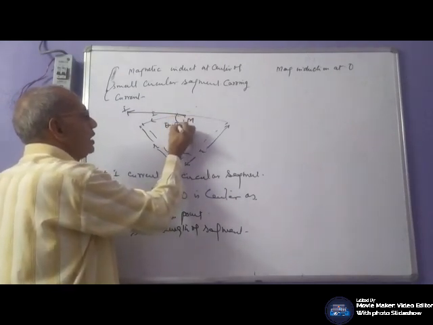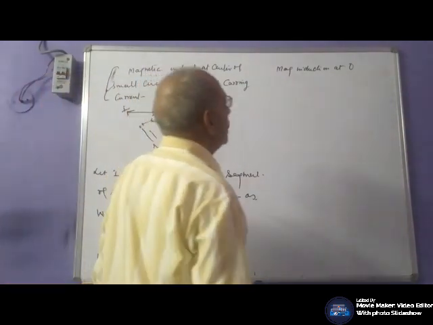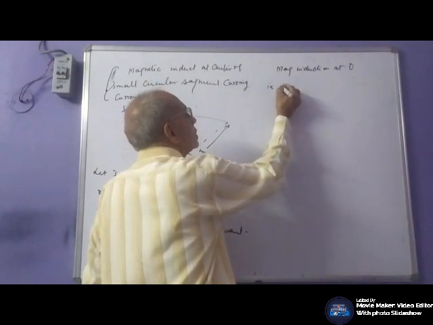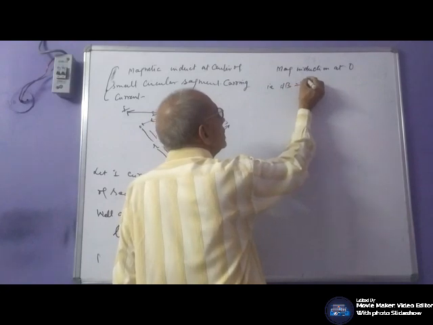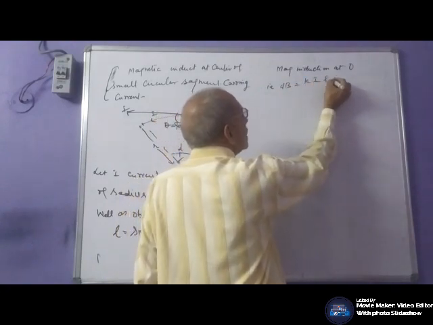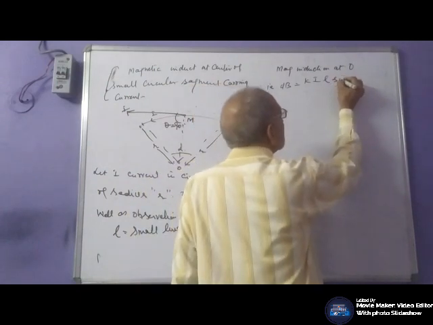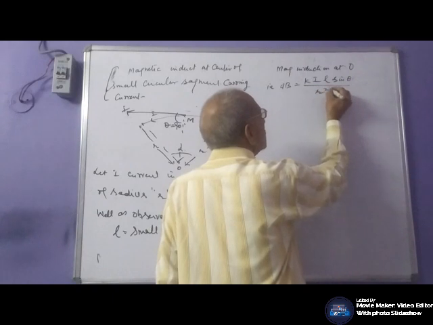Theta is always 90. Magnetic induction at O, that is dB equals k I dl, dl is here L, sin theta by R square.